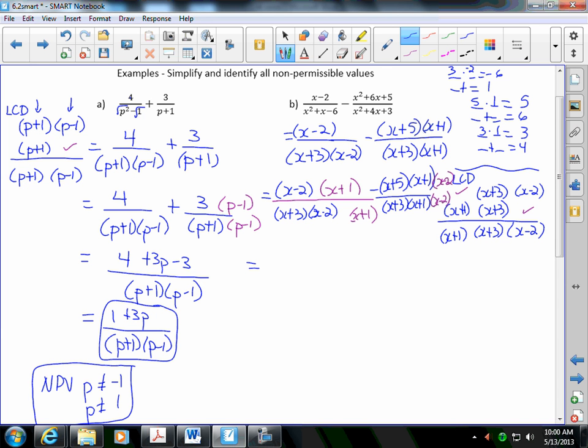Okay, so now what I'm going to do is a little bit of multiplying here. So I have x minus 2 times x plus 1, which is going to give me an x squared minus 2x, if I multiply that, plus an x is a minus x.